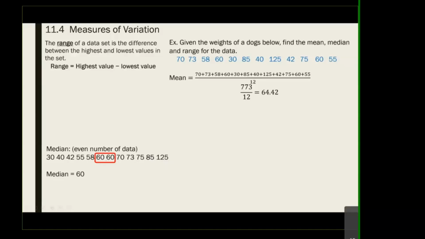So again, looking at this, how do we find a range? Since we put them in order, the range is basically we take the highest data, which is 125, subtract the 30, to give us the range of 95. Meaning the lightest dog is 30 pounds, and the heaviest dog is 125. There are 95 pounds of difference between the two, right?